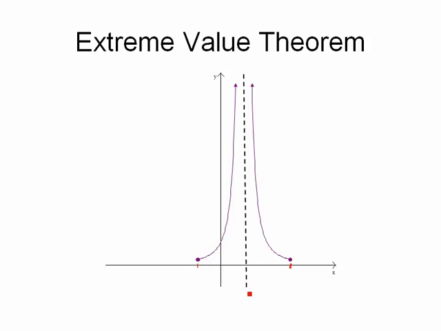What you're going to notice right away is because the graph shoots up along the vertical asymptote, this has no absolute maximum. It does have an absolute minimum at one of these endpoints, but it doesn't have a maximum. So as soon as we take out this idea that we need a continuous function, suddenly the graph can shoot upwards and we're not guaranteed both extreme values, that is, an absolute max and an absolute min.